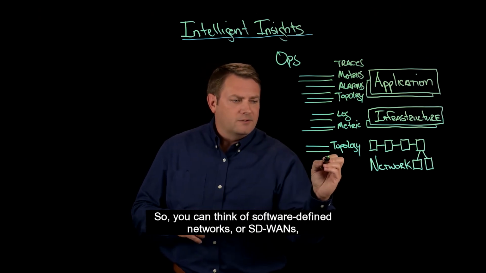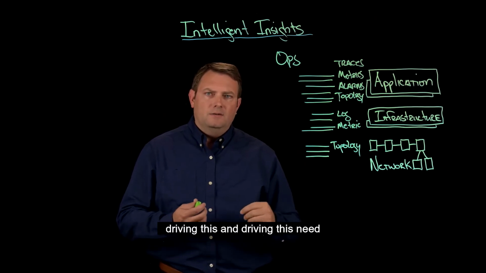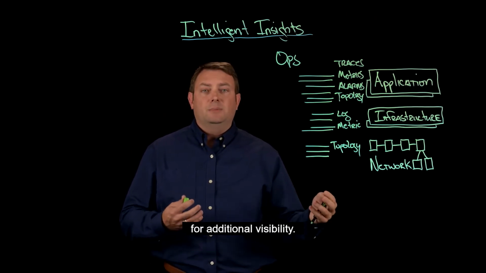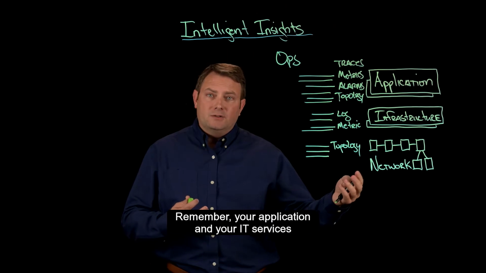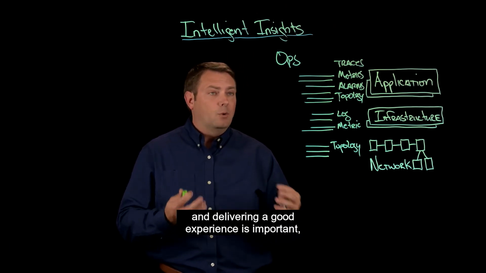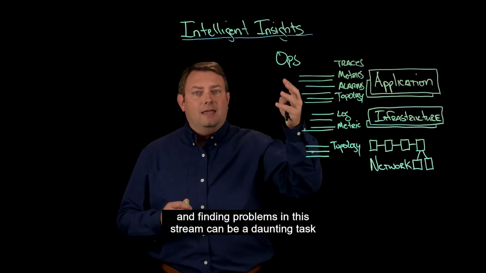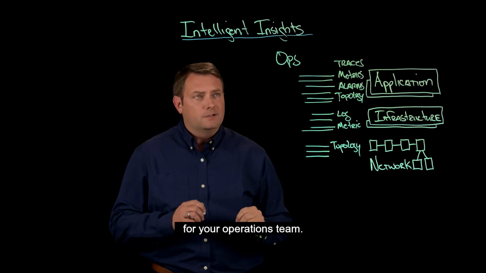You can think of software-defined networks or SD-WANs driving this need for additional visibility. Remember, your application and your IT services are key for your business, and delivering a good experience is important. Finding problems in this stream can be a daunting task for your operations team.